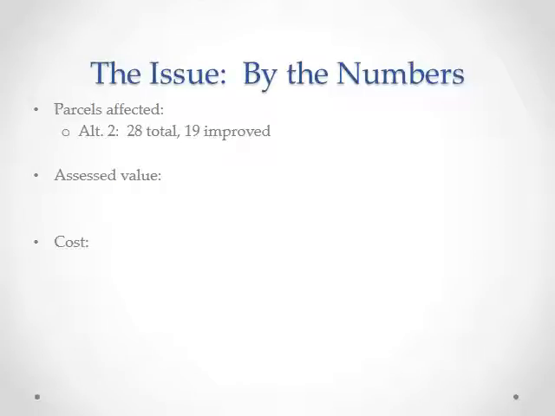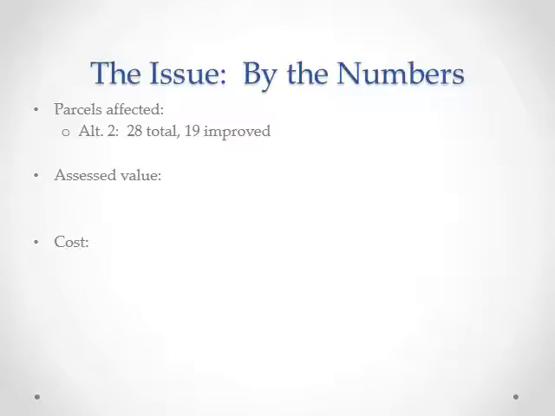28 total properties are affected, and 19 of those properties have been improved. That number includes a couple houses in Dunescape, which to me don't look like they're affected. The mean high water line is not to the vegetation yet. So I think that number is a little bit high, but we don't need to dispute that to make the point here tonight.